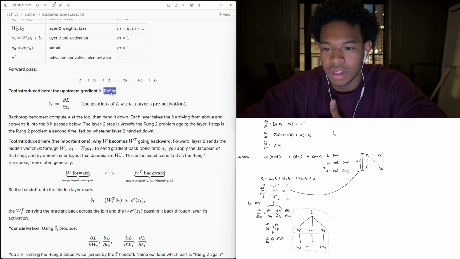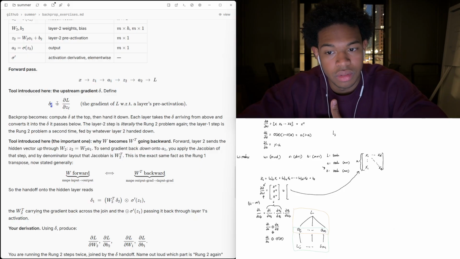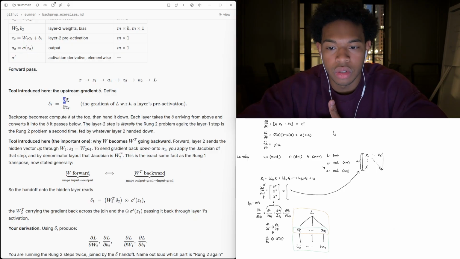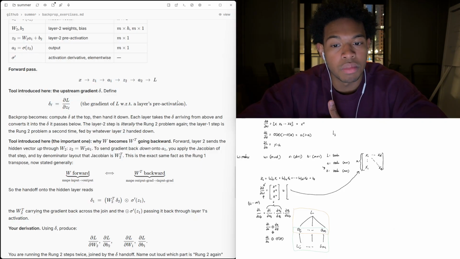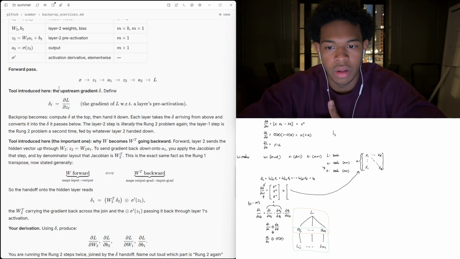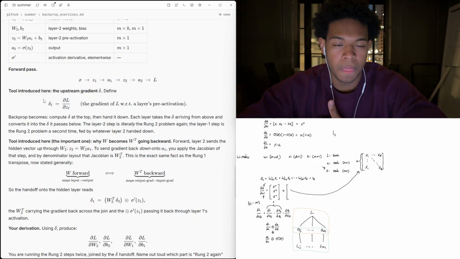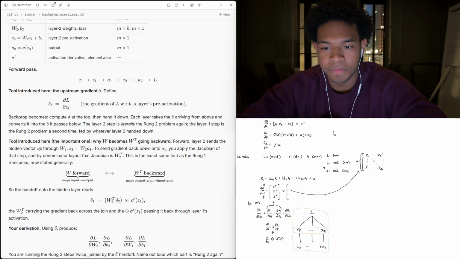Interesting. Define delta of L for the layer as equal to the gradient of L with respect to the layer's pre-activation, L with respect to Z for the layer. Upstream gradient delta, okay?